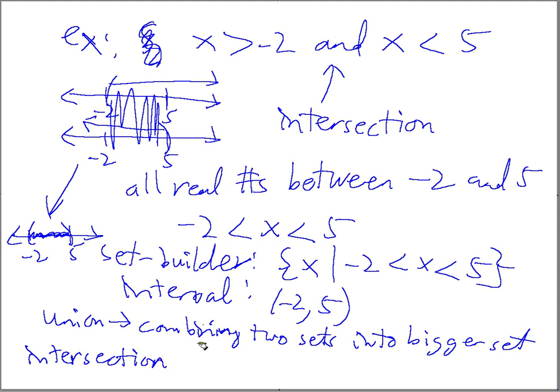Think and, right? So you have to satisfy both criteria. For intersection, find the area in common between two sets.